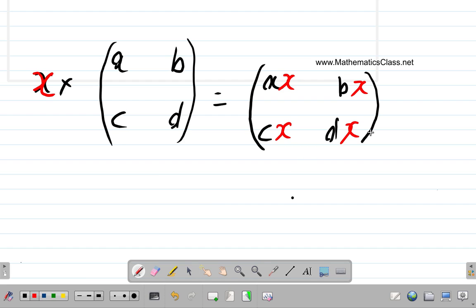So remember, when you multiply a matrix by a number, you just multiply the elements in the matrix by the number. We'll now look at an example.